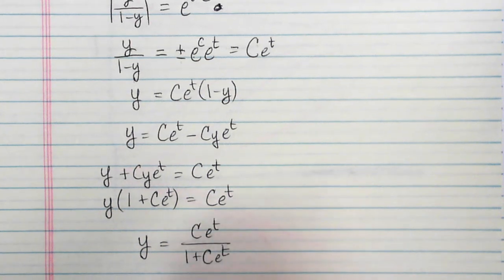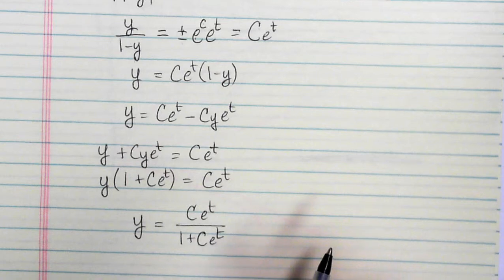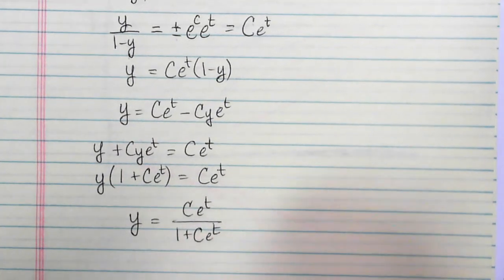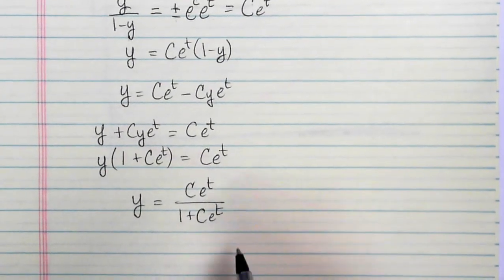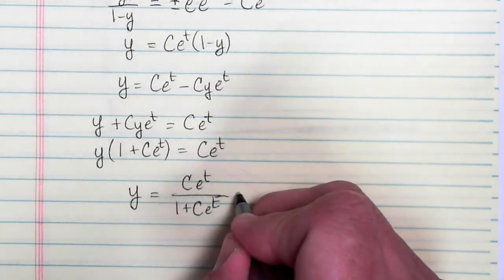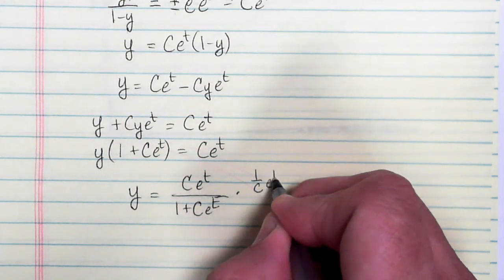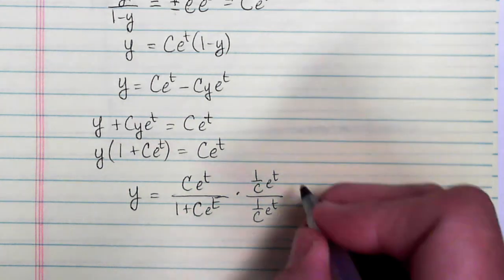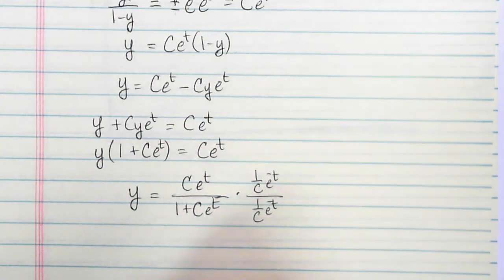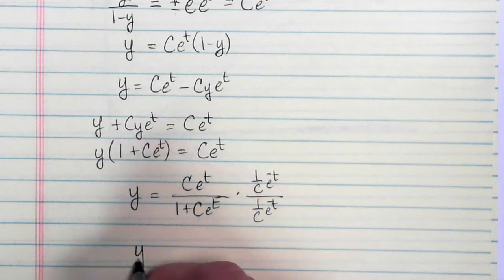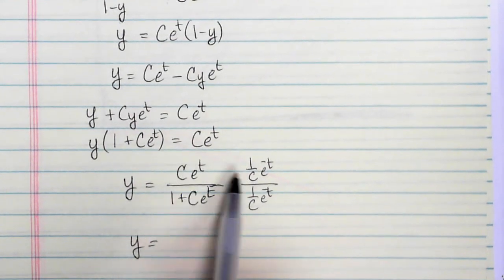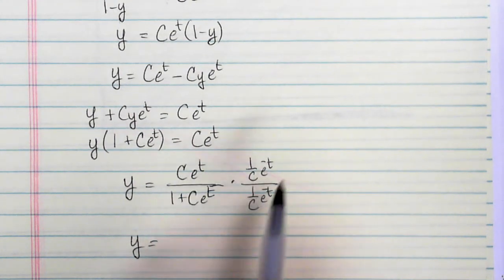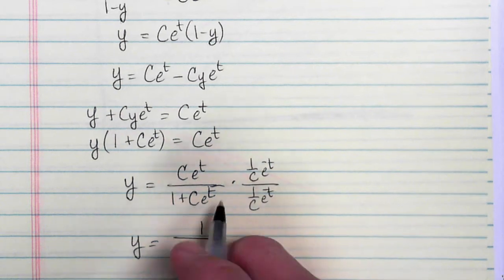Okay, now I can simplify this a little bit to make it easier to look at. Let's multiply top and bottom by 1 over c e to the t, or either minus t, I apologize. So here the c's cancel, and e to the t times e to the minus t is 1.